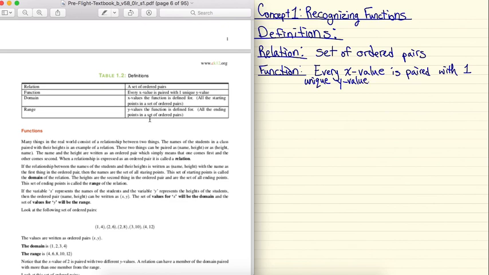Next, we're going to look at defining domain. Domain is all the x values, and then range is all the y values.